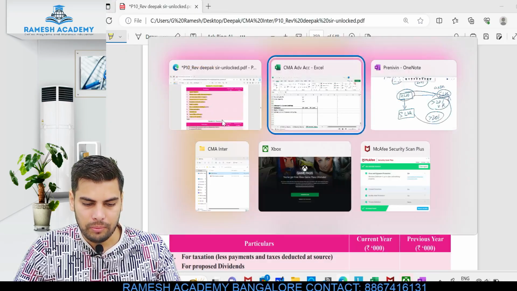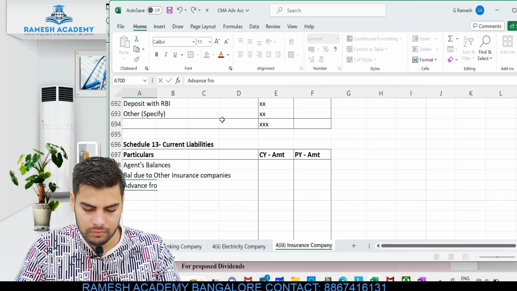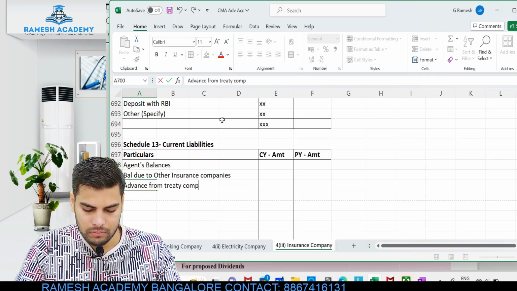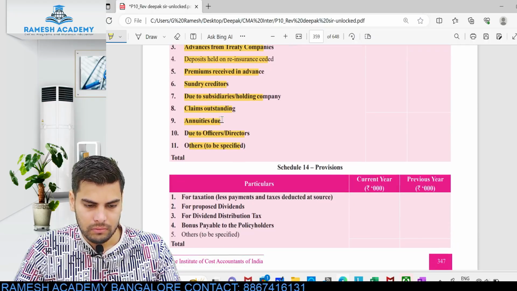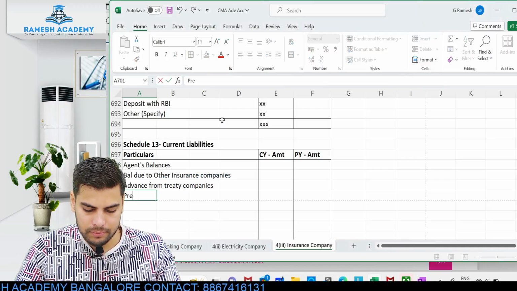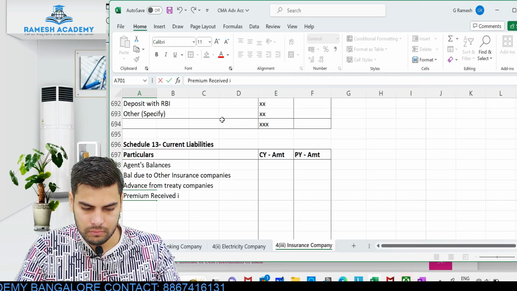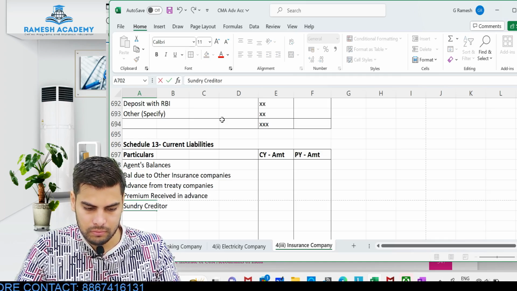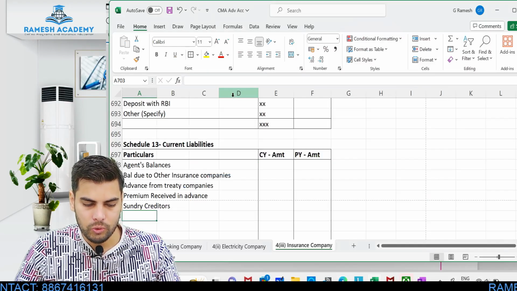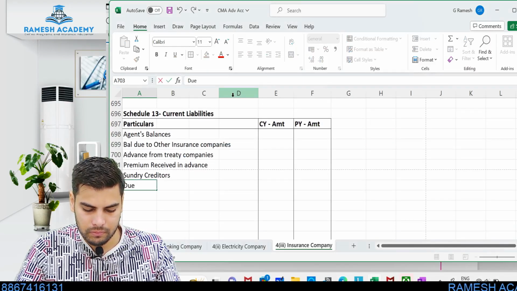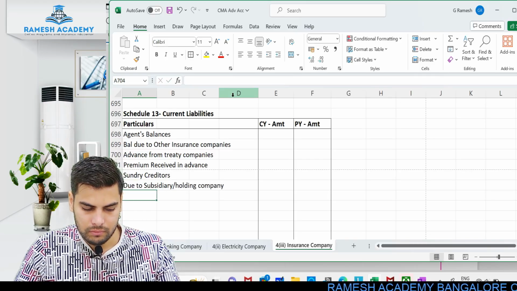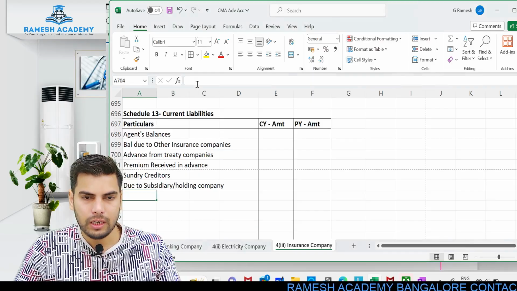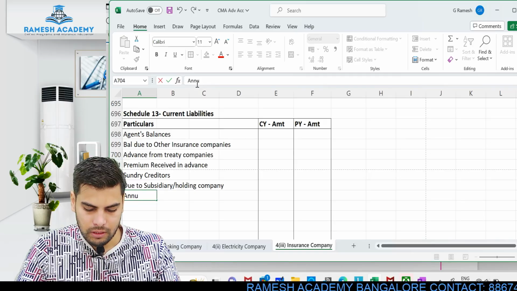Then we have got advance from treaty companies. Premiums received in advance. Sundry creditors. Due to subsidiary or holding company. Claims which are outstanding and annuities due.